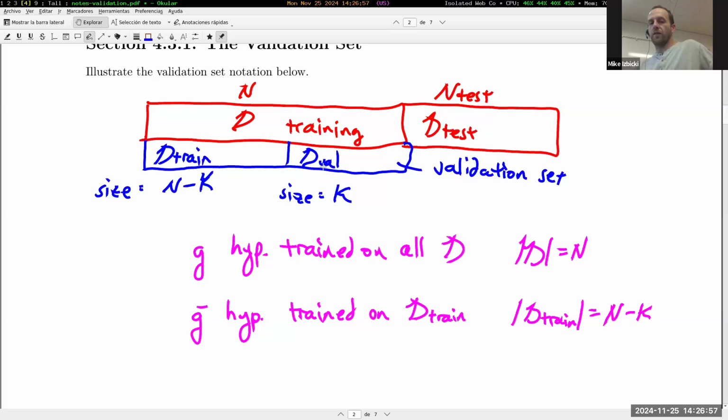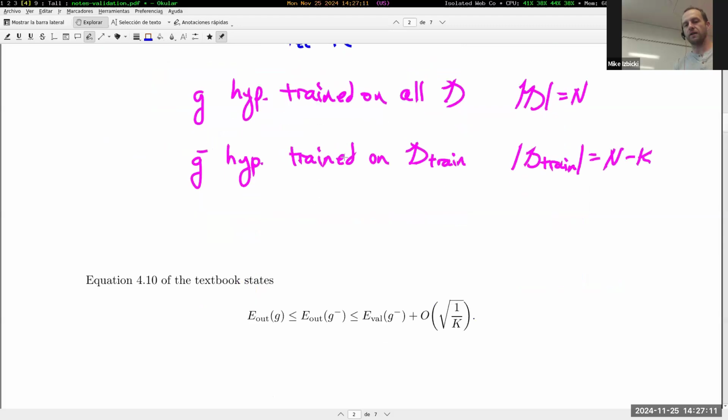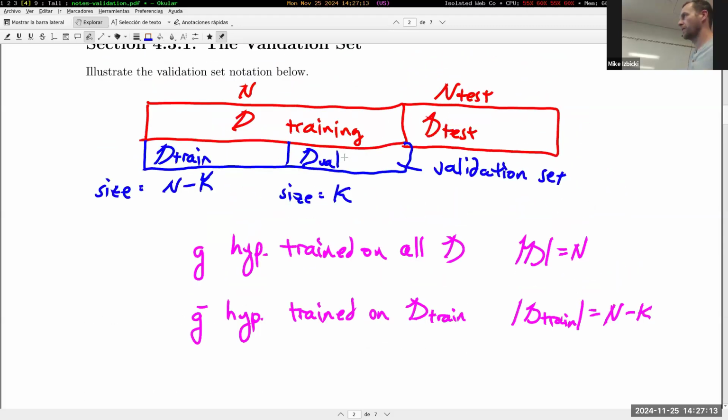So this extra validation data set is going to help prevent us from accidentally, inadvertently overfitting our data. The rest of these notes will talk about why that's the case with a handful of different equations, but we'll talk about that after Thanksgiving. And this is a good spot for us to stop here.